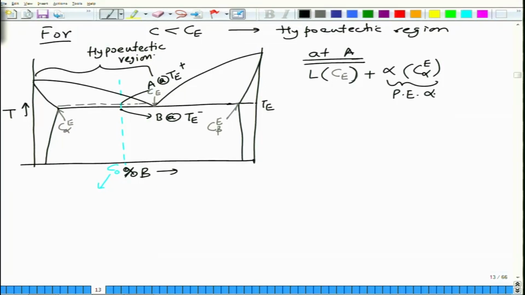So what is the percentage liquid at this point? Or fraction, let's say fraction of liquid, FL.